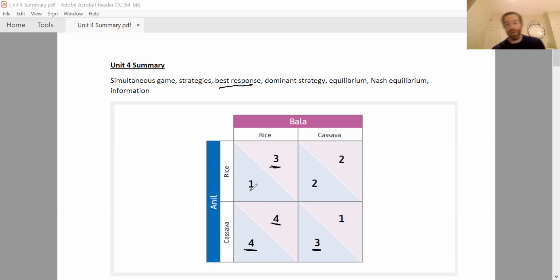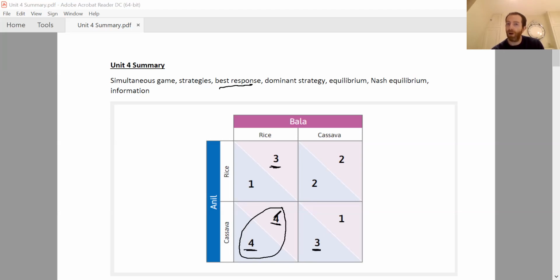What we get from this is that in this particular case we find one outcome where both players are playing a best response to each other. That's this one down here where I've underlined the 4 in both cases, right? If Anil is playing cassava, Bala wants to play rice. She doesn't want to change her mind.